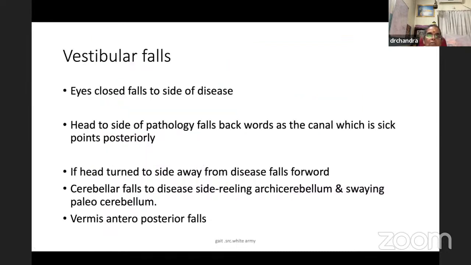In vestibular falls with eyes closed, they fall to the side of the disease. With the head turned to the side of pathology, they fall backwards, as the canal is pointing posteriorly. If the head is turned to the side away from the disease, they fall forward. In cerebellar falls, disease of the archicerebellum causes reeling, the paleocerebellum causes swaying, and with the vermis they fall anterior-posterior.